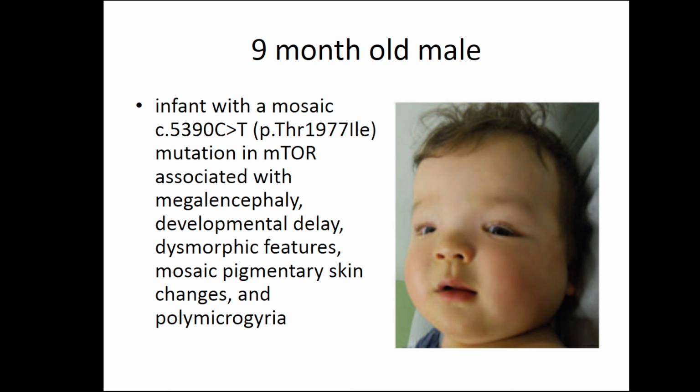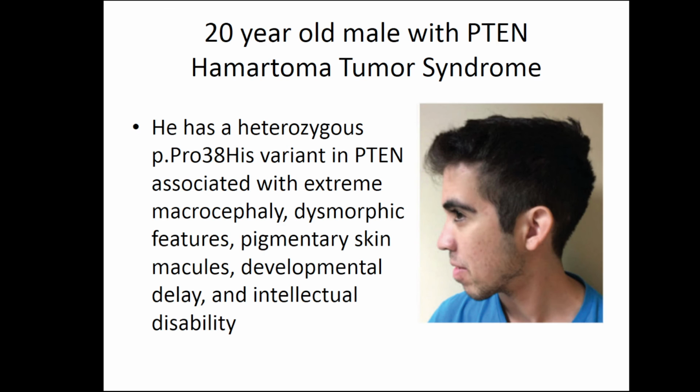Next, it is about the position of amino acids. This is a type of mutation in the mTOR signaling pathway associated with megalencephaly, developmental delay, dysmorphic features, mosaic pigmentary skin changes, and polymicrogyria.